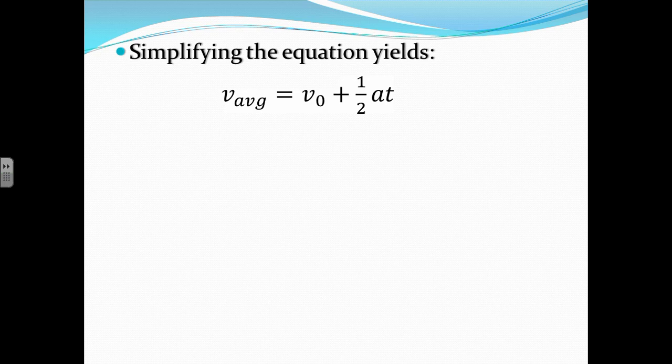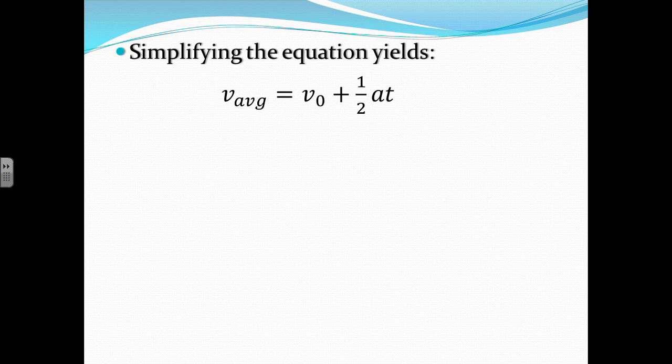Simplifying this equation allows us to get to velocity initial plus 1/2 acceleration times time from our prior. But this doesn't quite give us the position equation that we were looking for, where we want to find our change in position. To find our change in position, we have to take this average velocity and multiply it by time, because average velocity equals change in position divided by time.